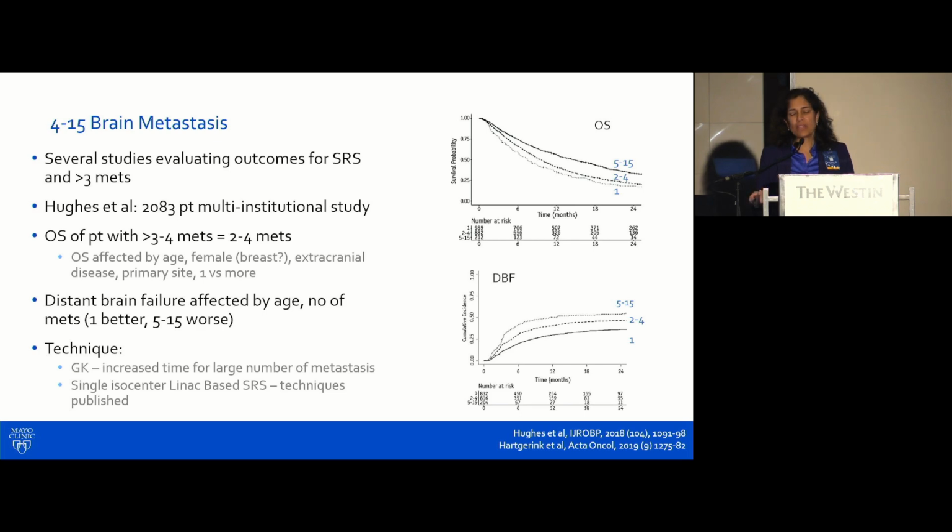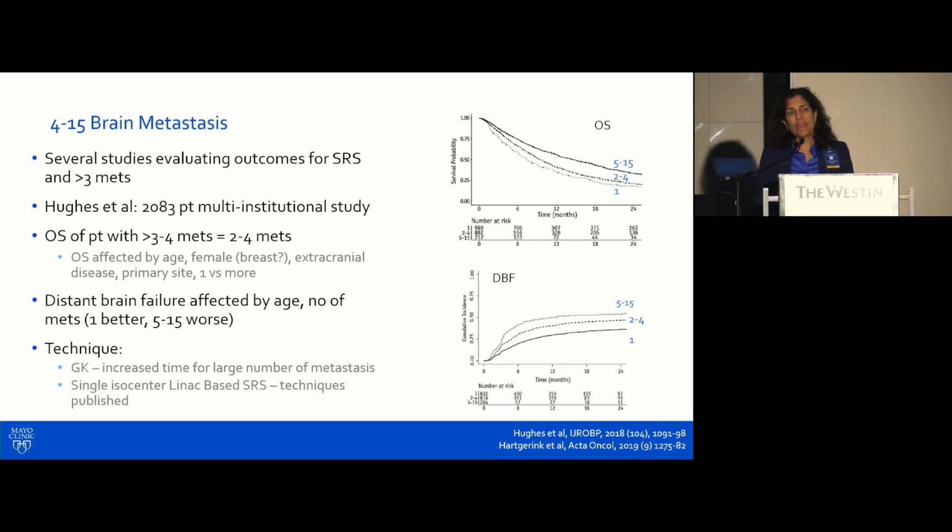It's also affected by the type of tumor, so breast cancer versus other, systemic involvement, and performance status. These are things we know intuitively: patients with a poor performance status and a large burden of systemic disease are not going to do as well as somebody who has brain-only failure, has good options for systemic therapy, and is a younger person with good performance status.